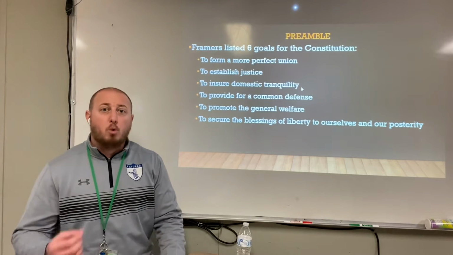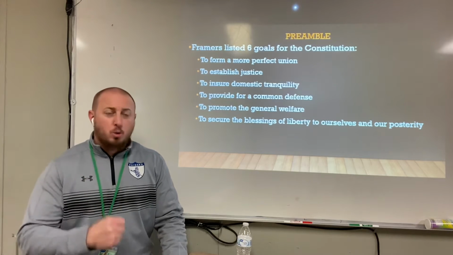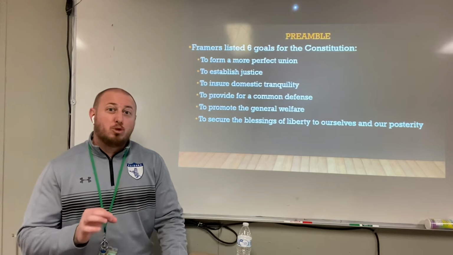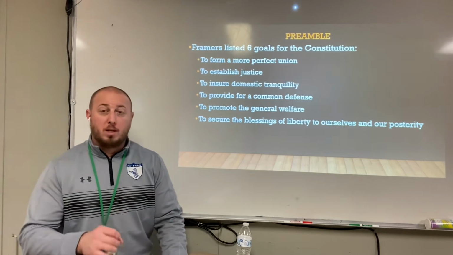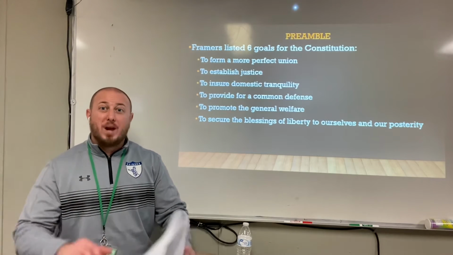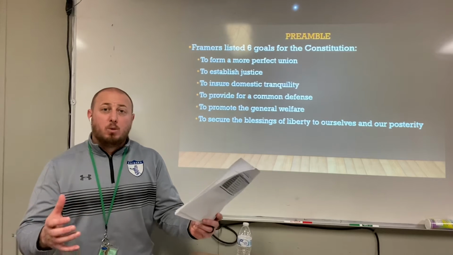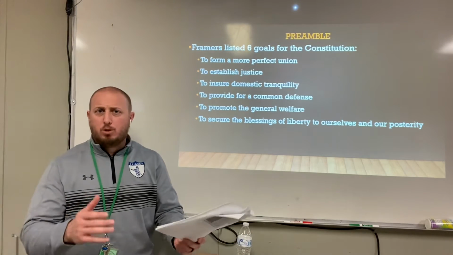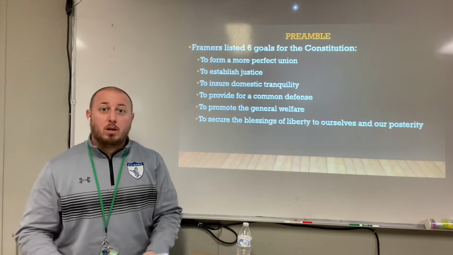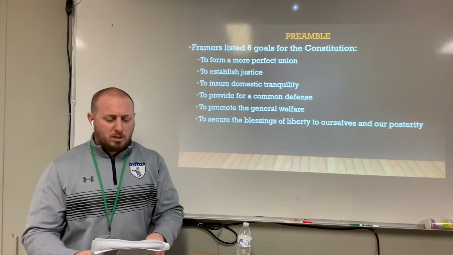They are to form a more perfect union, which basically means a better country, to establish justice or create laws, to ensure domestic tranquility. Domestic means home, tranquility means peace, so peace at home, to provide a common defense or a national military, a national defense, which in the Articles of Confederation, which you did a little work on already, the states had their own military and militia, and there wasn't really a national defense.